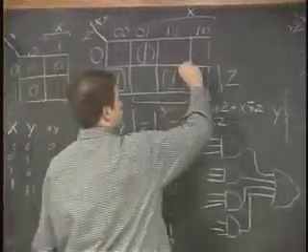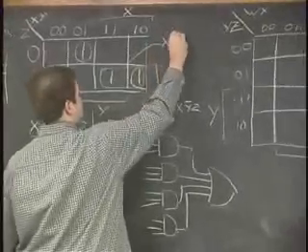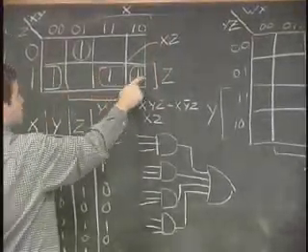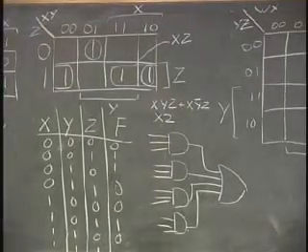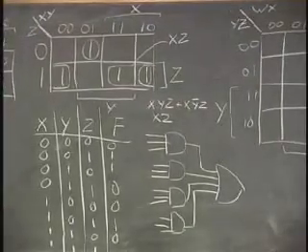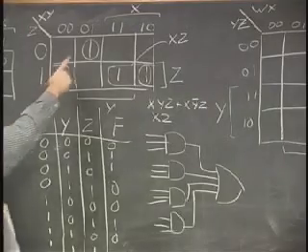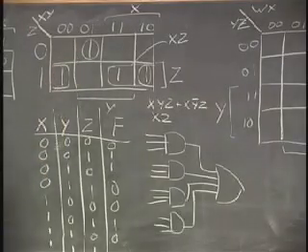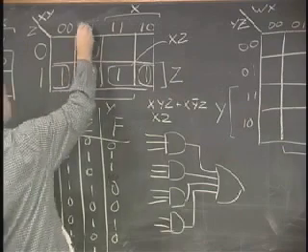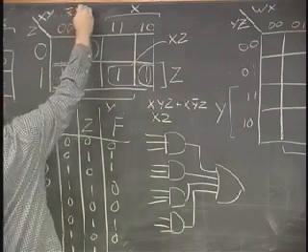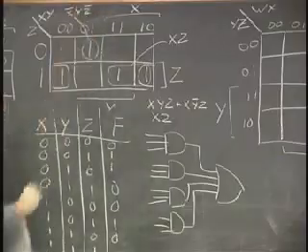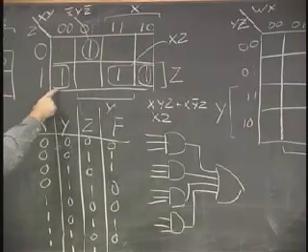So we'll draw a little line here and say this circle simplifies both of those terms into x and z. This one only has 1 around it, so there's not much simplification we can do. We just write this one as not x, y, not z. And then there's this last one here.